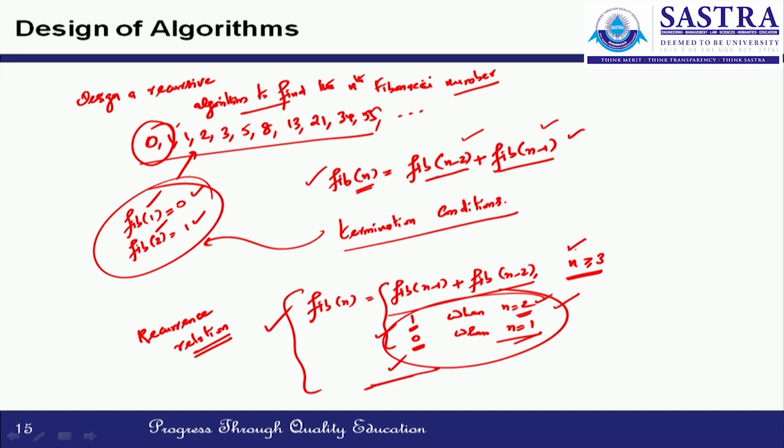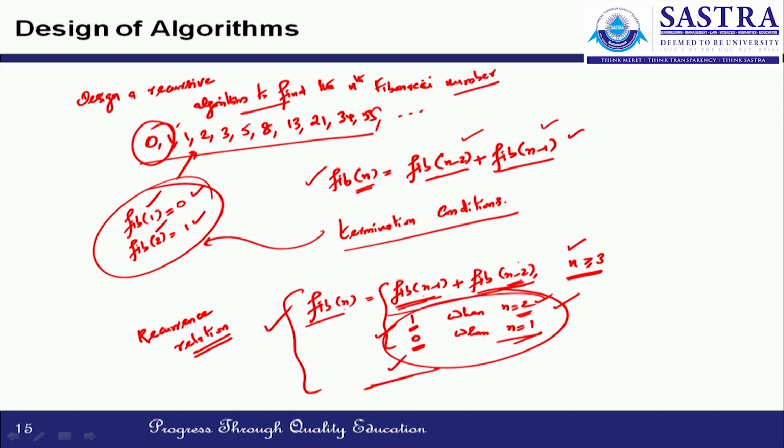this is the recurrence relation. Fib of n is equal to fib of n minus 1 plus fib of n minus 2. Extending the recurrence relation, in fib of n minus 1, you need to substitute the value of n as n minus 1 in the left hand side. Here n minus 2 means you need to substitute the value of n as n minus 2.